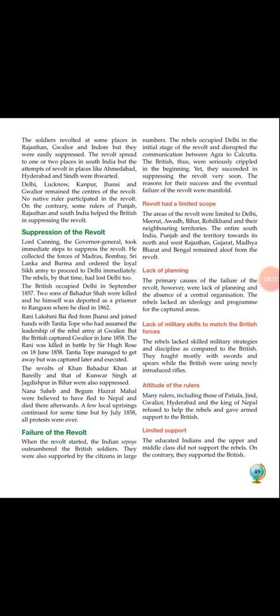Now, suppression of the revolt. How was the revolt suppressed by the British government? Lord Canning was the Governor General at the time of the revolt of 1857. He took immediate steps to suppress it.